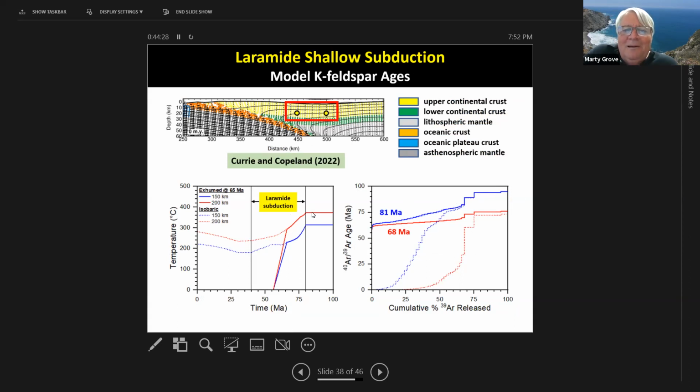In the lower left-hand diagram right in here, this is a thermal history that's calculated from Claire Curry's model. And I show a solid red segment here until 65 million years. And then I dash the rest of this history to show two different potential paths. One path is that basically we stay isobaric.